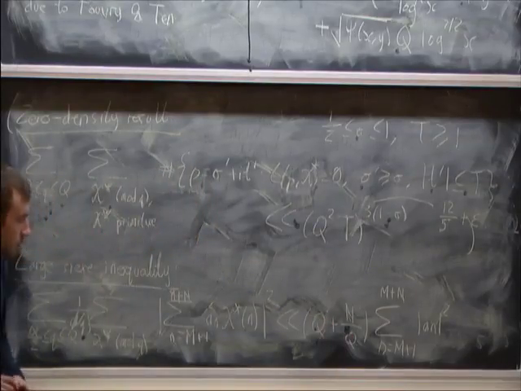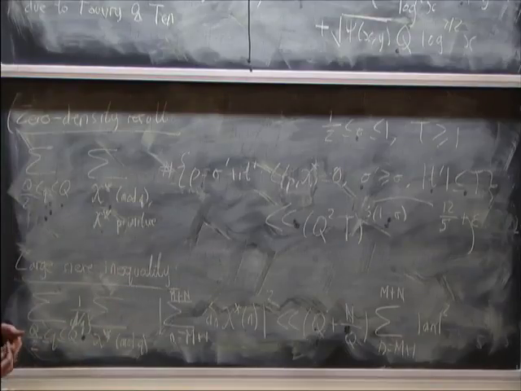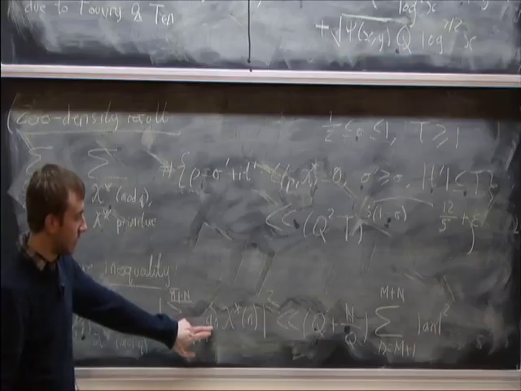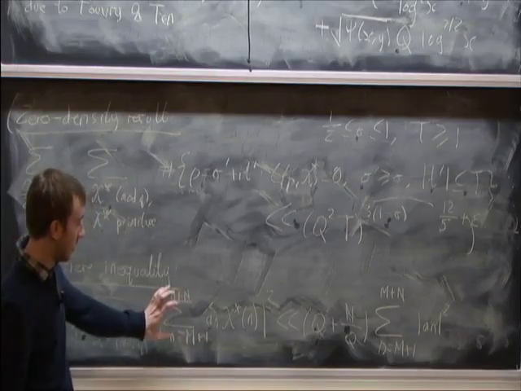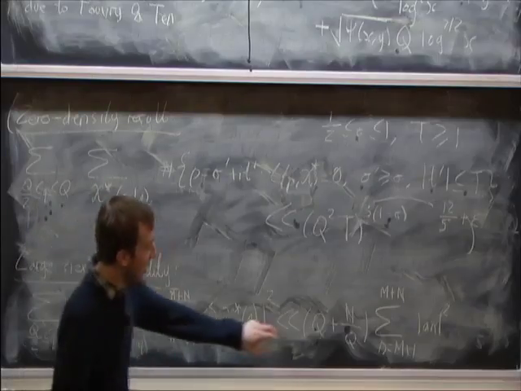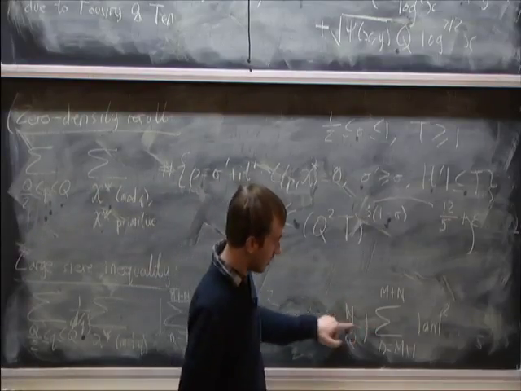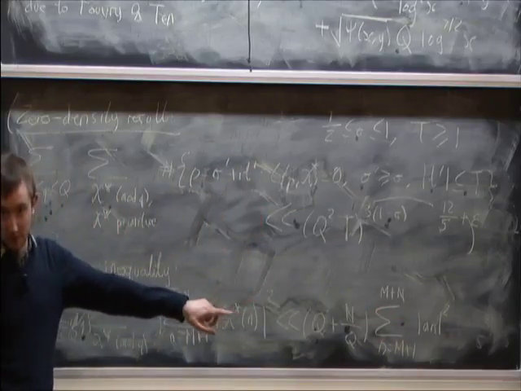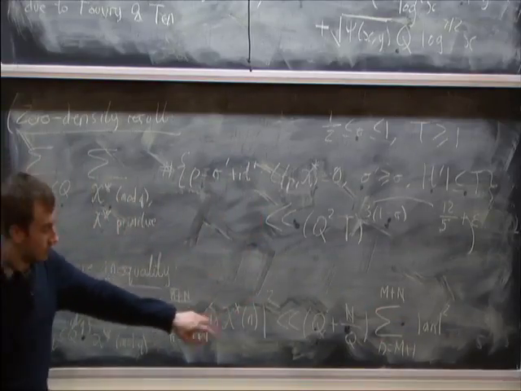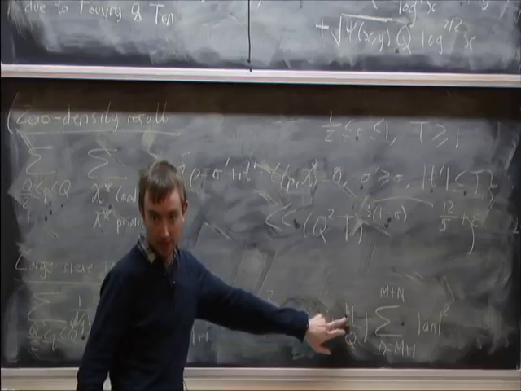But that's only true if the sequence a_n is fairly densely supported on all the numbers. If a_n is sparse, then what's the biggest this could be? It could be like the support over Q times this, and that might be much smaller than N over Q. Maybe I should have something much smaller than N here.